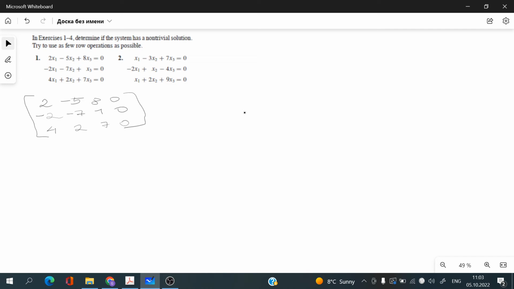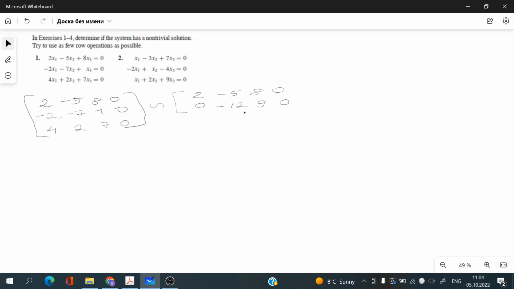So let's use the first two rows and reduce it. So it's going to be 2, minus 5, 8, 0. Here we say, if we just sum them together, minus 5 plus minus 7 is going to be minus 12, 8 plus 1 is going to be 9, and here is going to be 0.